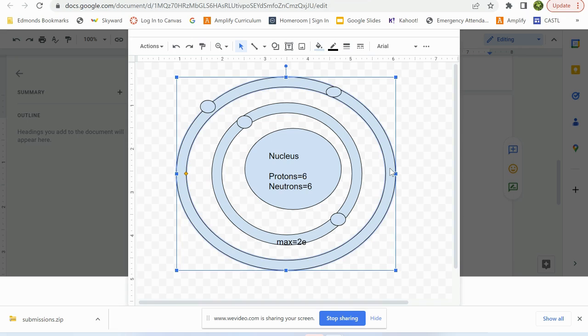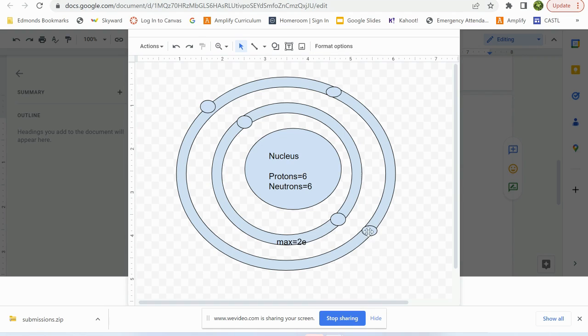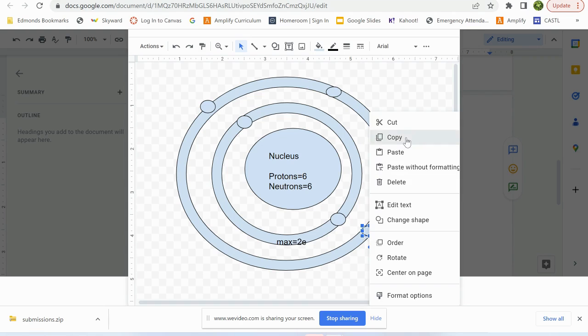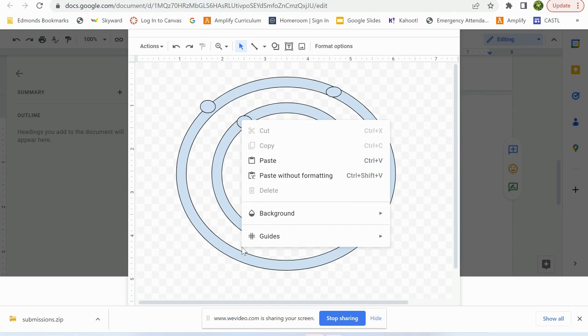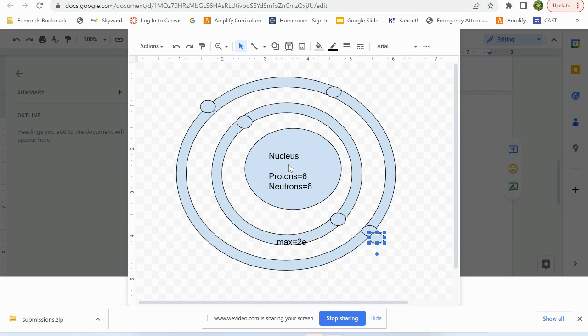Oops. It's annoying with drawing. You guys will be able to hand draw this. It'll be a lot easier. Paste. 3. Okay. 3. I'm going to put the 4th one over here because they like to be away from each other, the negative charge. And then copy and then paste.